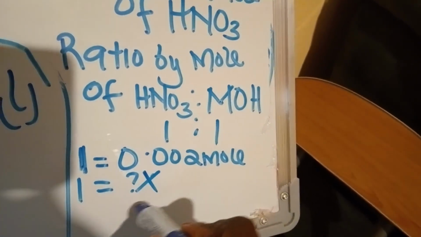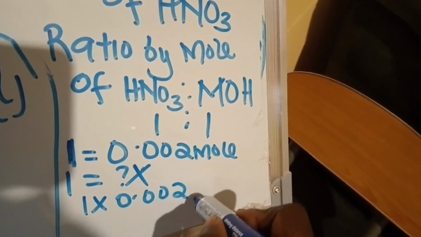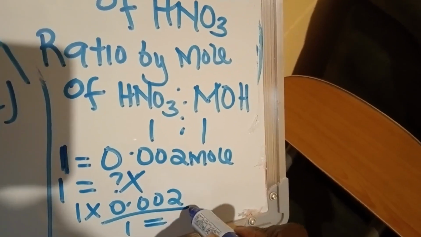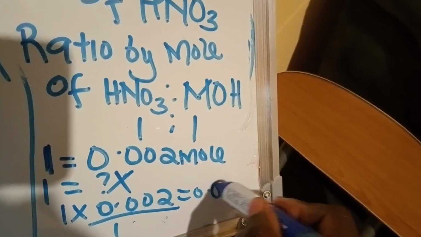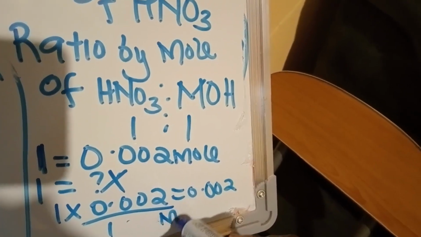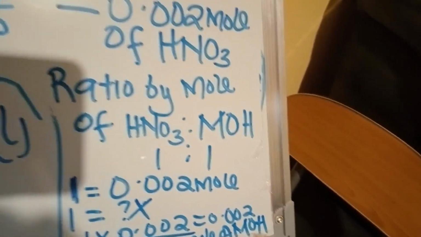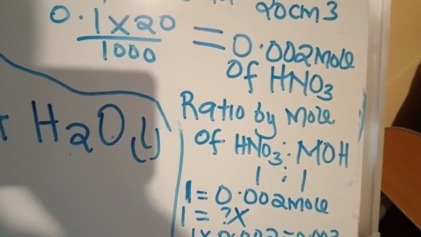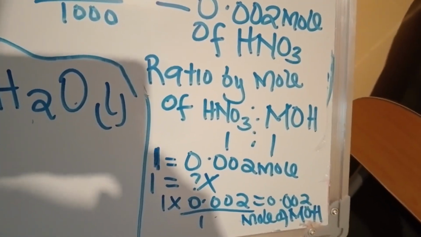So you cross multiply: 1 times 0.002 over 1, so you get 0.002 mole of M hydroxide.